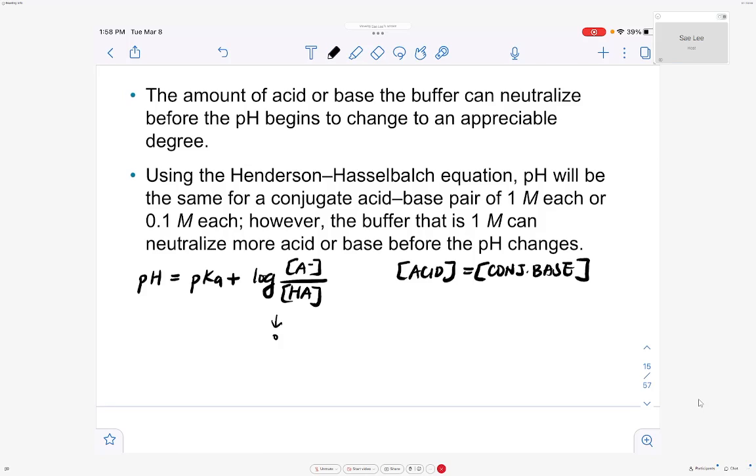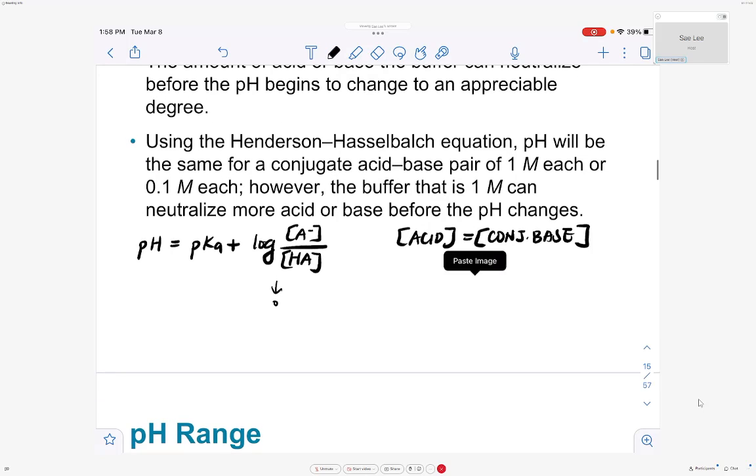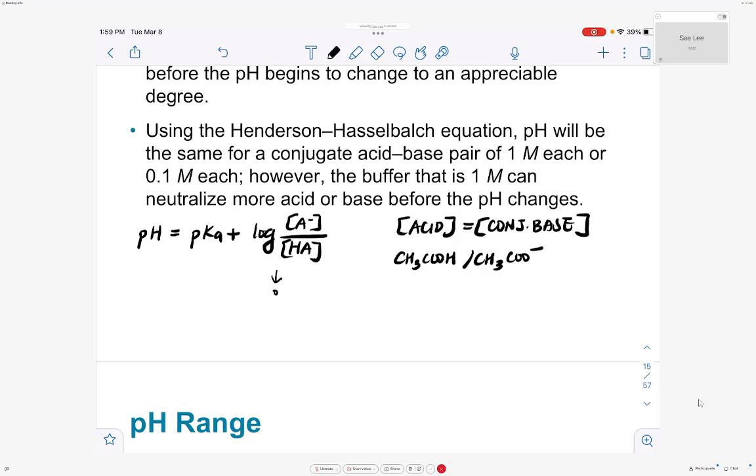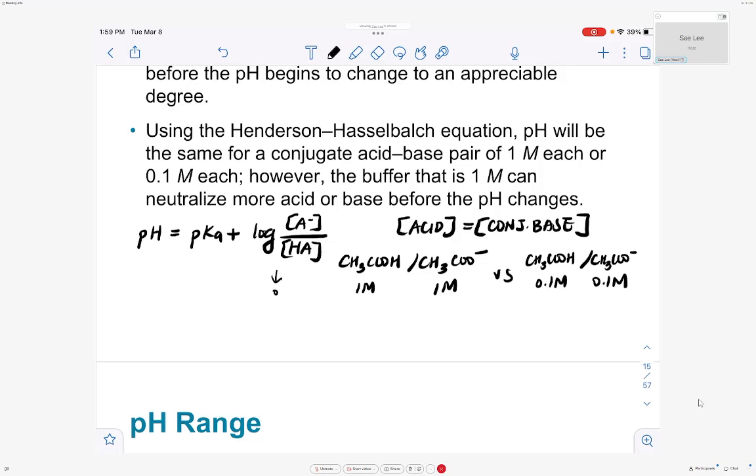For example, if you have a buffer solution of acetic acid and acetate conjugate acid base pair, let's say you have 1 mole of each in the buffer solution versus 0.1 molar of each acid and conjugate base in the buffer solution.